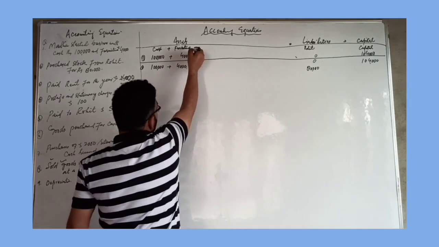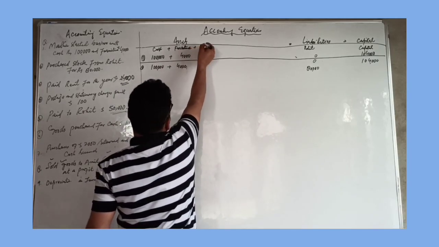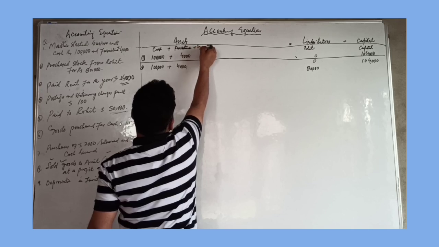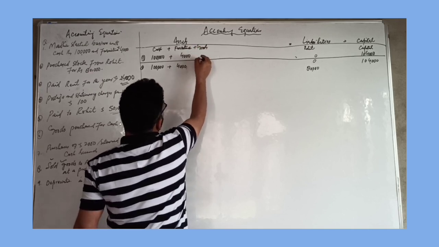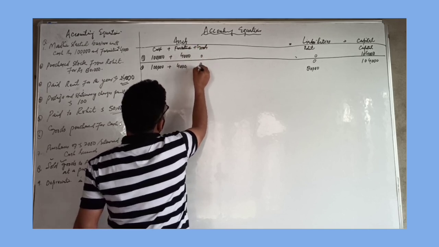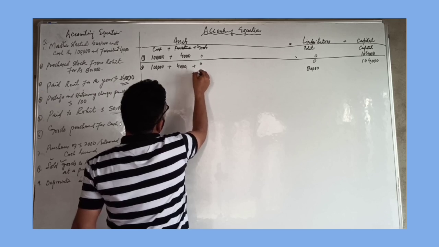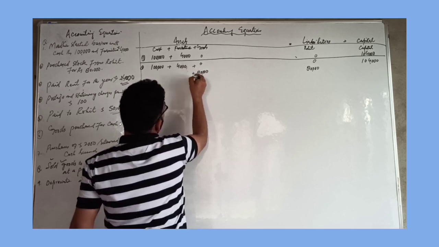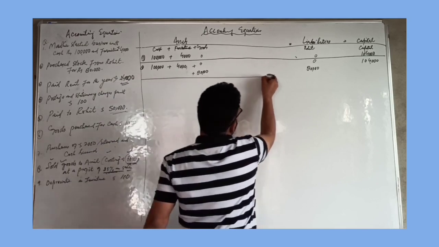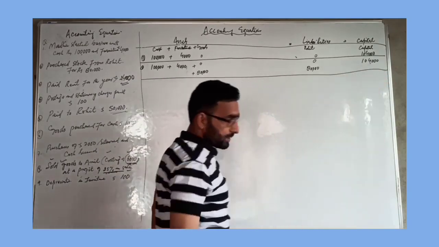At the same time, goods came in business for rupees 80,000. Other things remain the same.